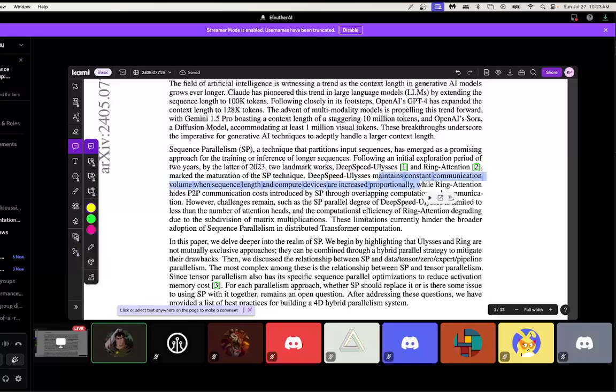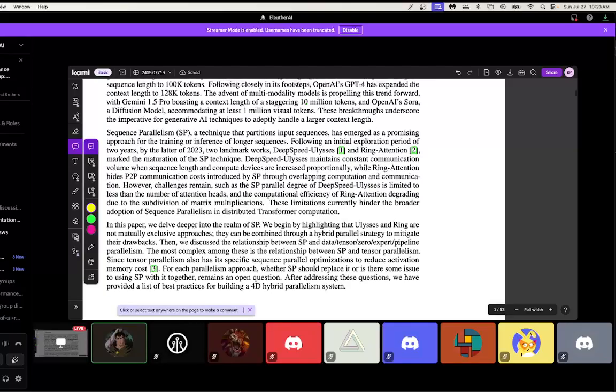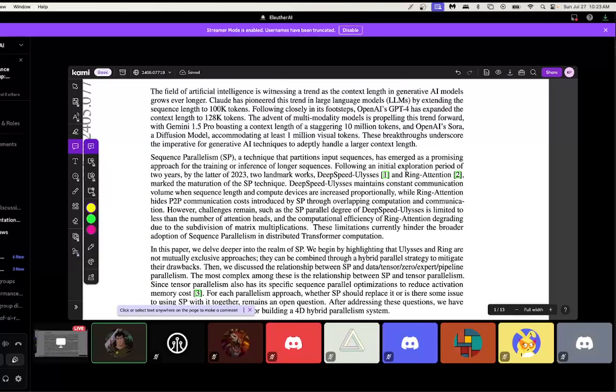The point that I was earlier bringing up, the reason why I discussed that, was because we can see how obvious a point that is. While ring attention hides P2P communication costs introduced by SP through overlapping computation and communication, challenges remain such as the SP parallel degree of the DeepSpeed Ulysses.